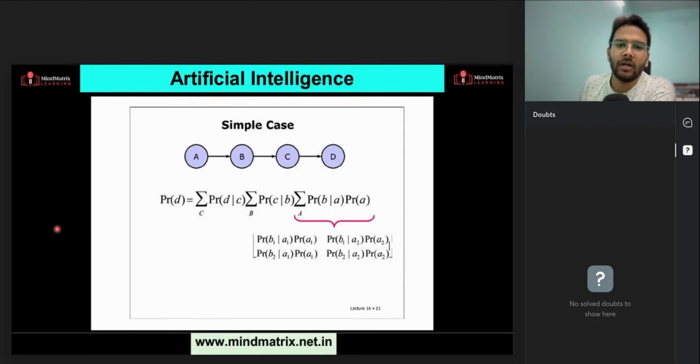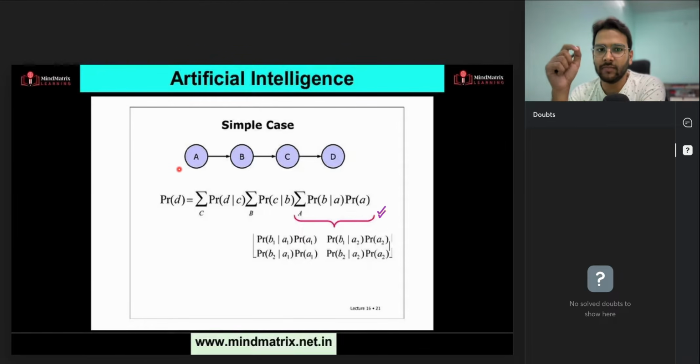Now let's proceed. Carefully focus on this part, what this part actually is. Say all these variables A, B, C, D, these random variables in a Bayesian network, are binary variables, right?